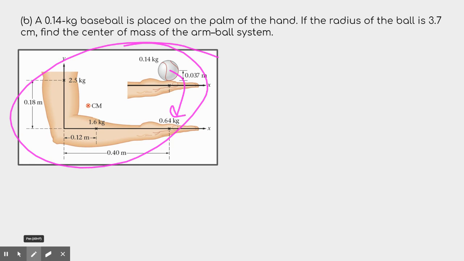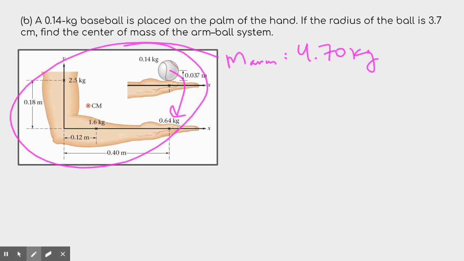Okay, let's go ahead and add all of the masses in the arm because we're looking at the arm as one whole system. We're not looking at the individual components of the arm. So the mass of our arm is equal to 4.70 kilograms. We're going to do the same thing that we did last time, and I hope y'all figured this out.